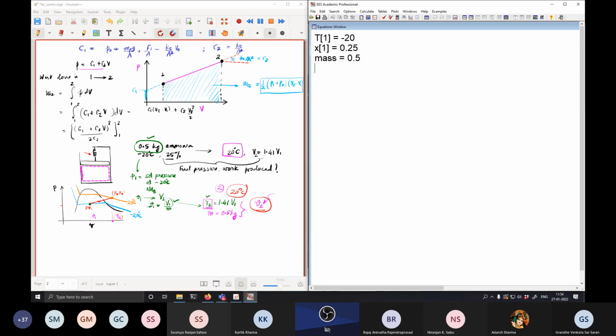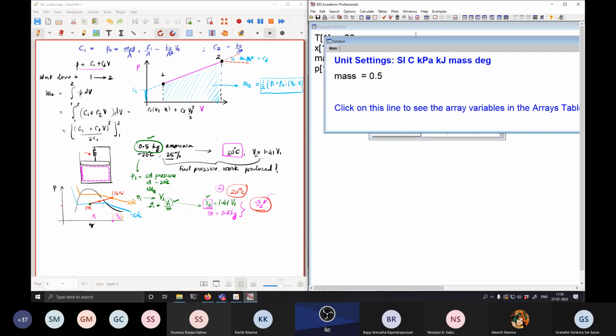So I will say P1 is equal to pressure of ammonia at T equal to T1 and X equal to X1. I need not use X equal to X1, but I'm repeating this because at all the points on this blue curve inside the saturation dome, I will get the same pressure. Still, for consistency, I'm doing it.